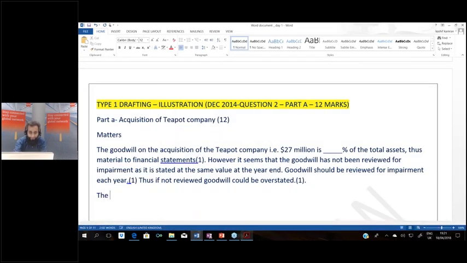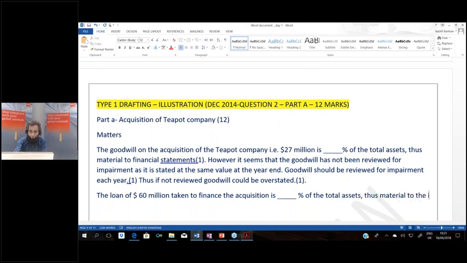So I'll tell the examiner the loan of $60 million taken to finance the acquisition is fill in the blank percentage of the total assets, thus material to the financial statements. Full stop. 1 mark.